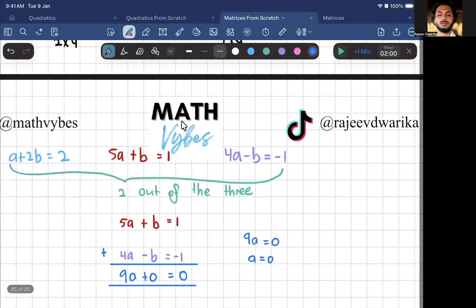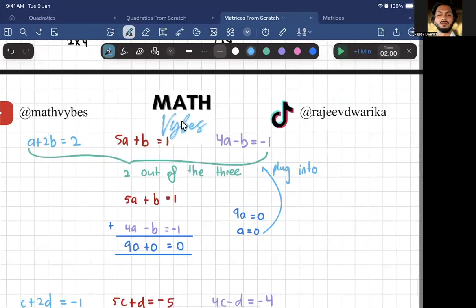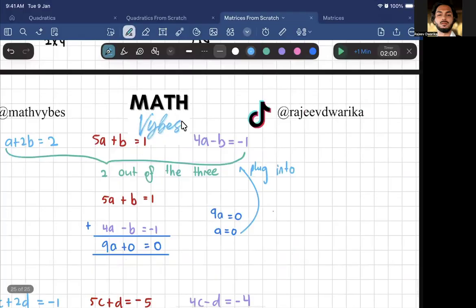Right. Which equation do I want to plug it into? First one. All right. Plug into any one. It doesn't matter which one you plug it into. But I'll pick the first one. So a plus 2b is equal to 2. a is 0. So 0 plus 2b is equal to 2.